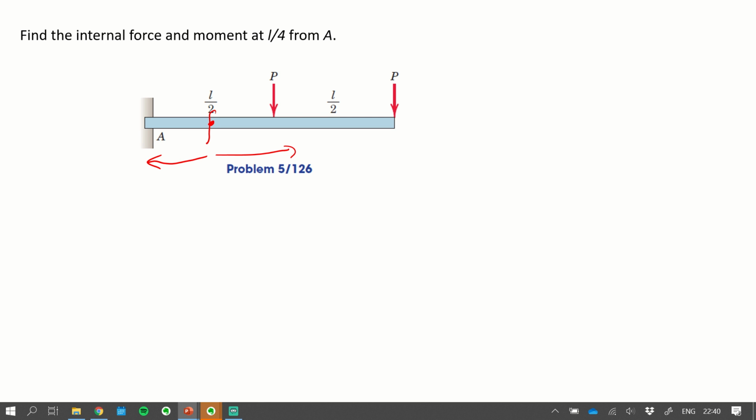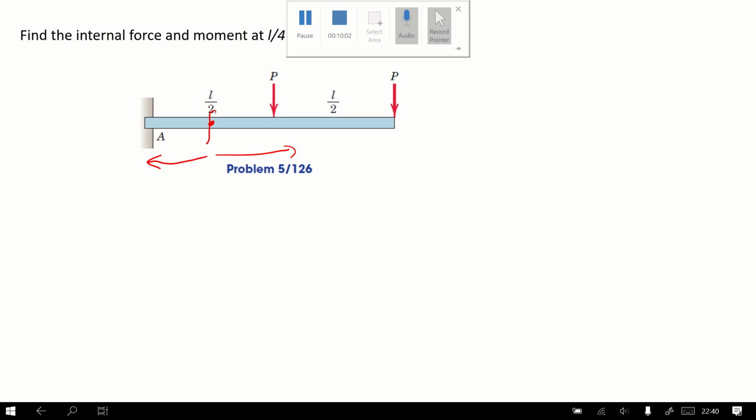For the first example, I want to try to analyze the right part. For the right part, it's supposed to be like this.